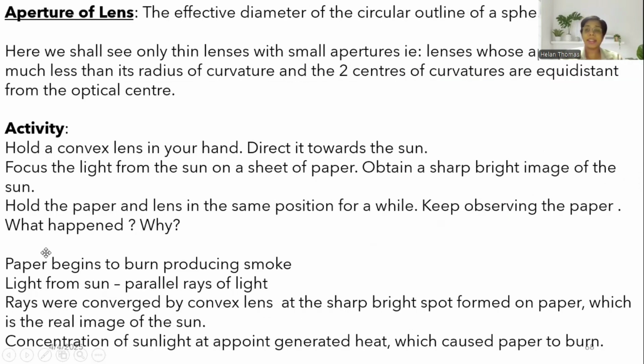In your syllabus, you will be including only the thin lenses that have small apertures. That means the lens whose aperture is much less than the radius of curvature, and also the two centers of curvature are usually equidistant from the optical center, which means the distance between C1 and O, and also C2 and O, is the same.